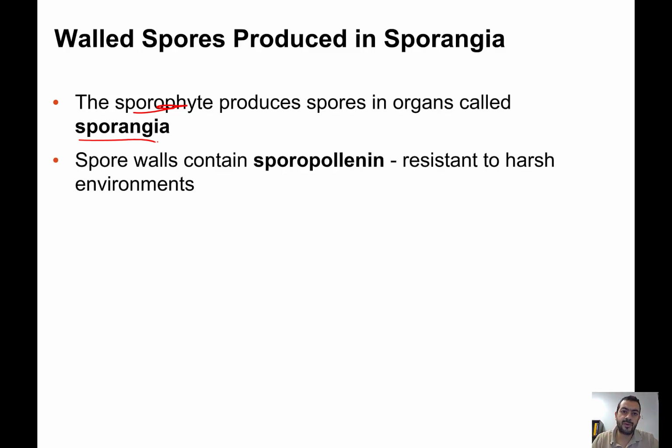Then if you zoom in to individual spores, you will find that the spores are characterized by having a thickened cell wall. It is made of a material called sporopollenin. So the sporopollenin and this thickening is really important for providing resistance to harsh environments.